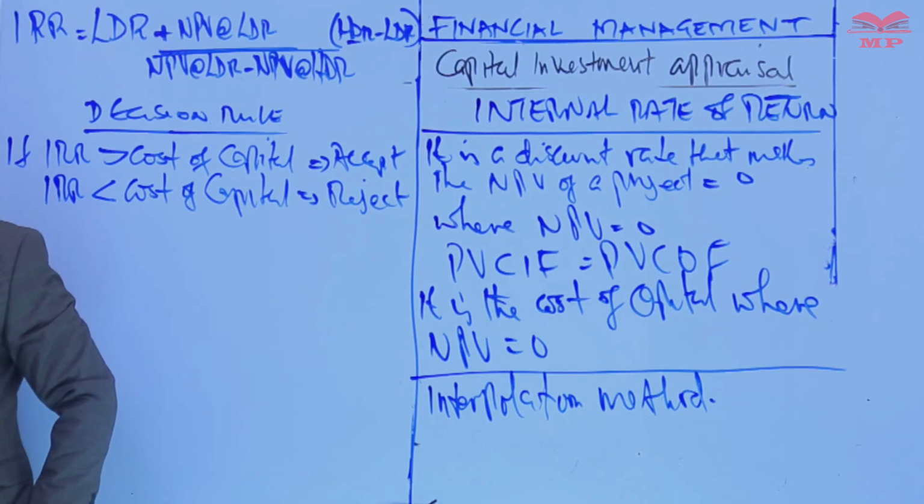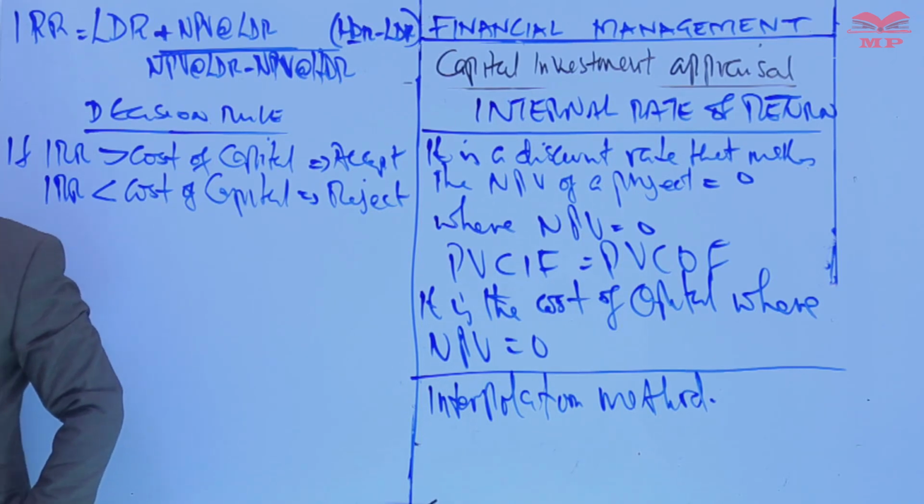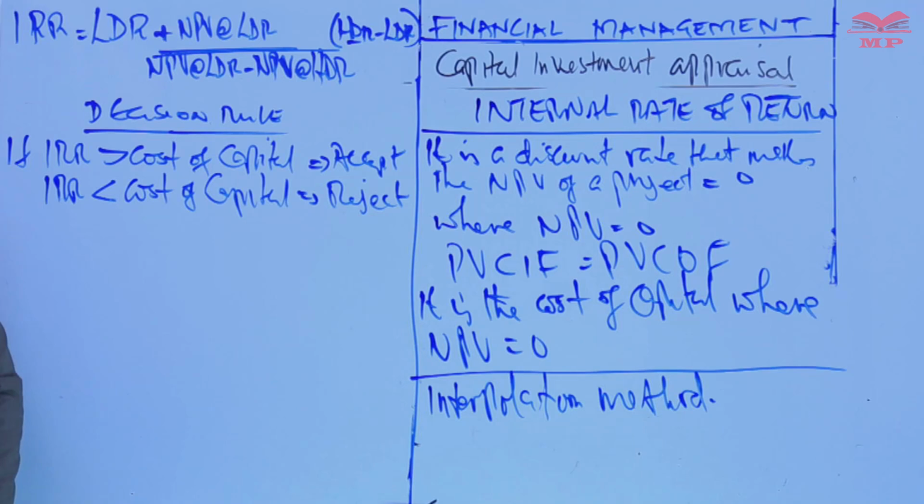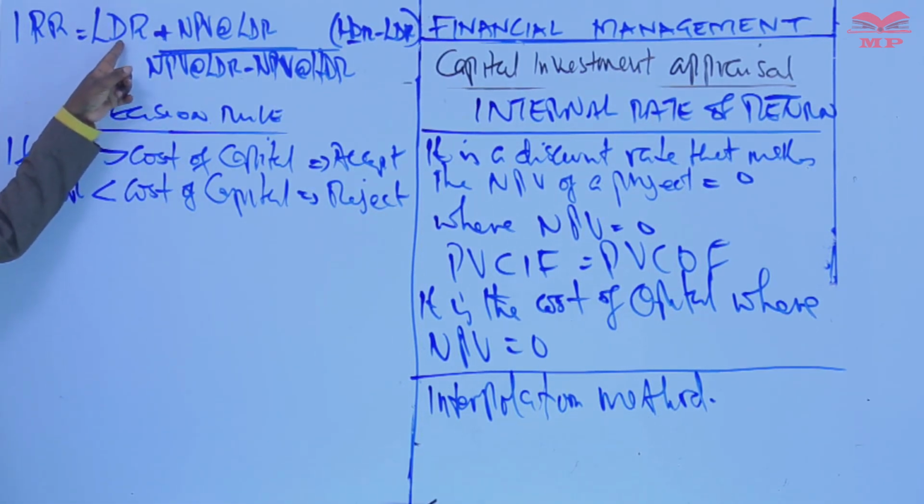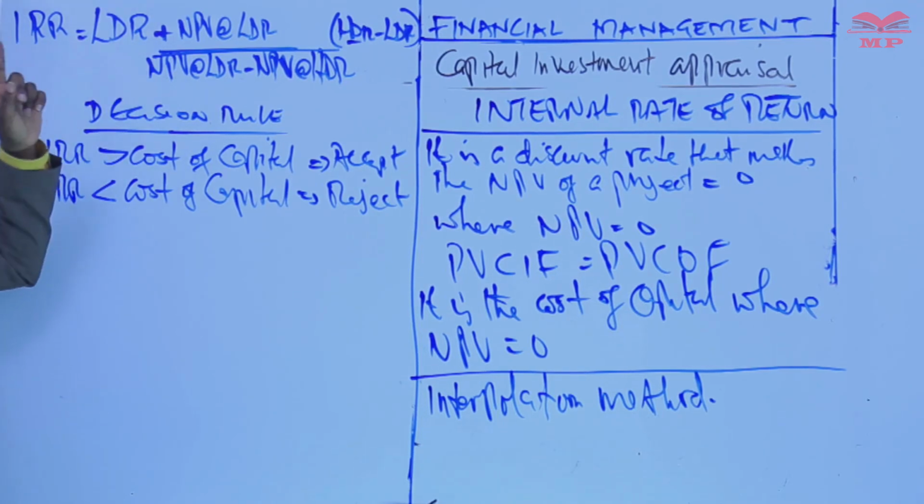Now, looking at the formula, candidates, we are required to calculate the NPV of the project at two different costs of capital, the lower discounting rate and the higher discounting rate. We are going to use two different discounting rates, and the NPV should be positive at one cost and negative at the other.